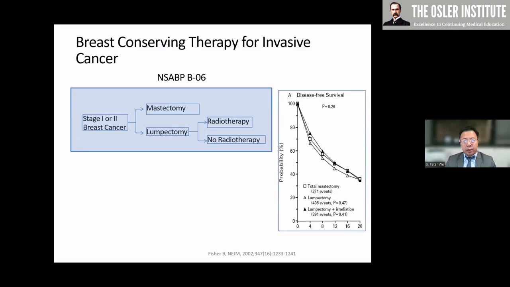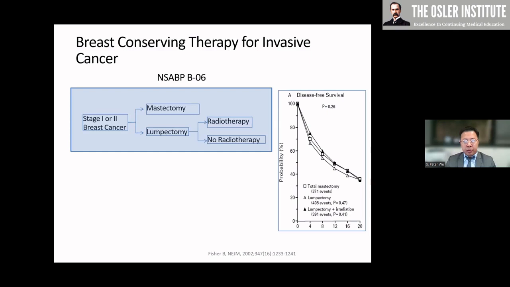Breast conserving therapy for invasive breast cancer comes from a long line of work by Bernard Fisher and his NSABP group. There are some landmark studies, most importantly NSABP B06, in which breast cancers who underwent lumpectomy were randomized to radiotherapy or no radiotherapy.